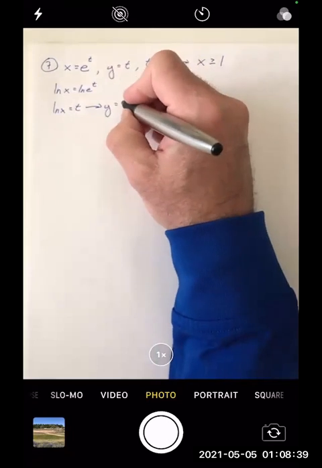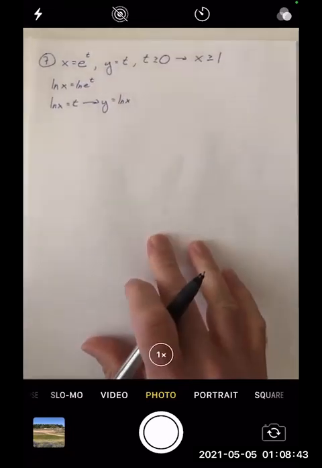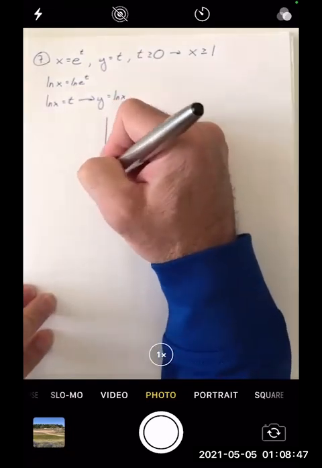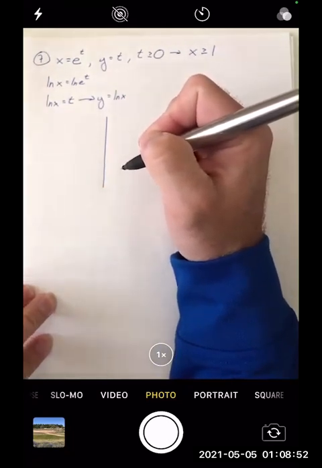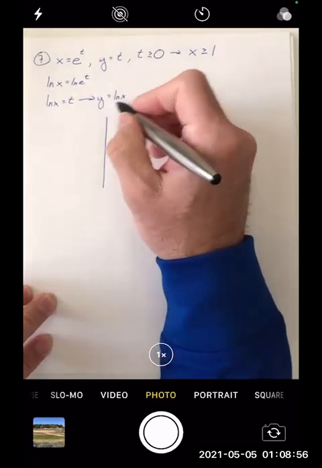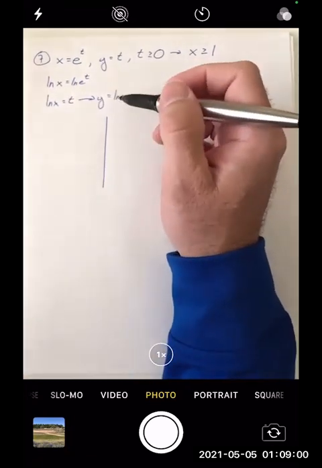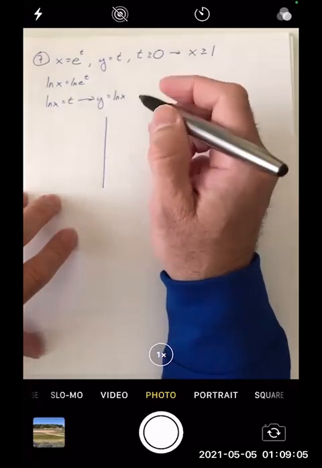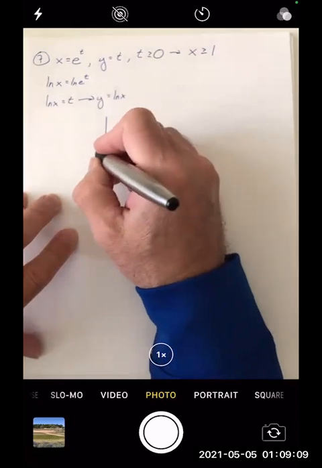So y equals ln of x. And that will be 1, correct? No, y equals ln of x is a function. It's not a number. Oh, okay. ln of e would be 1. But yeah, ln of x is just ln of x.